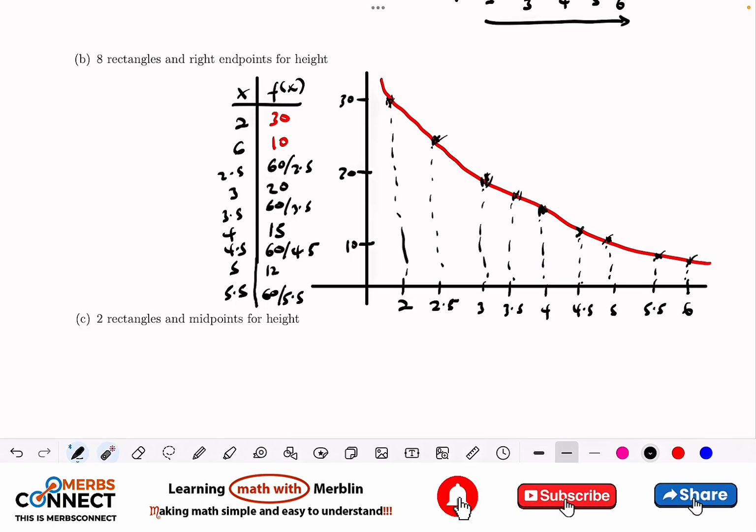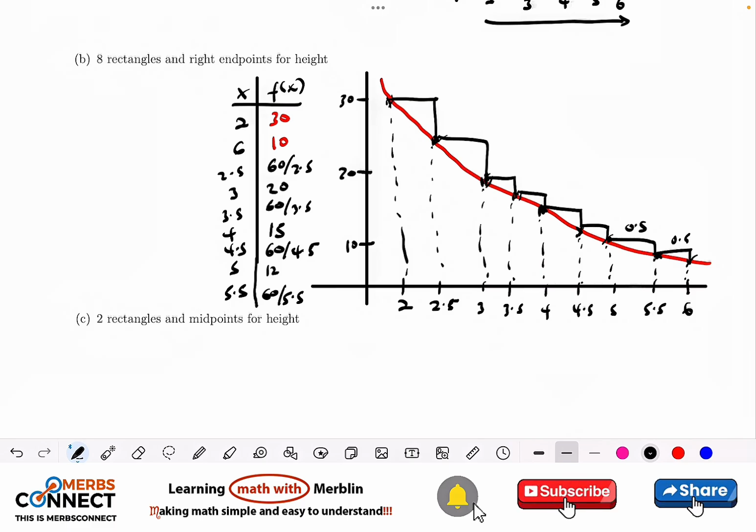So what is the change? Remember, we've already calculated the change and we are seeing that the change is 0.5, right? That was the change that we were looking at. So we are looking at the right-handed. The change is 0.5 throughout.